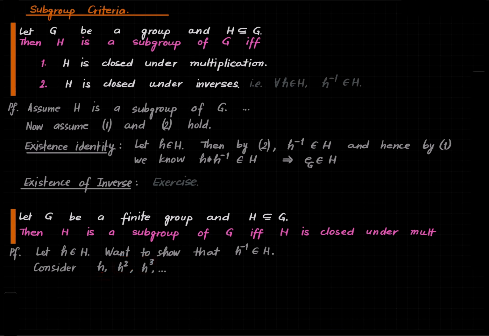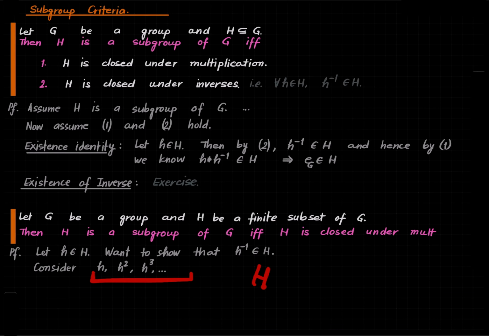But since G is finite, H is also finite, so yeah, we only need the finiteness of H. So let G be a group and H be a finite subset. Okay, we need a weaker hypothesis. So since this is a sequence lying in the set H, but H is finite, there should be some repetition here.